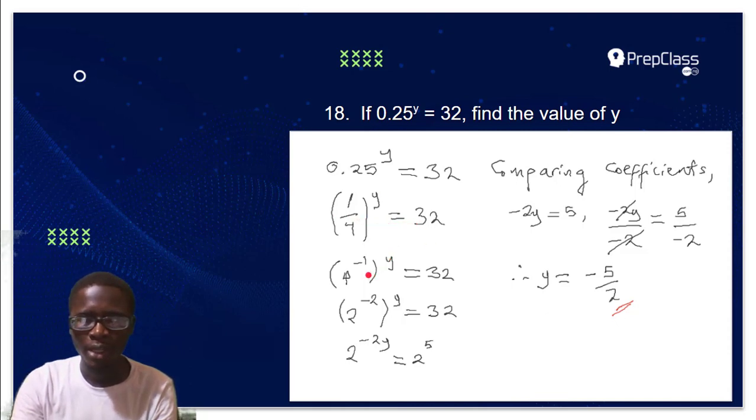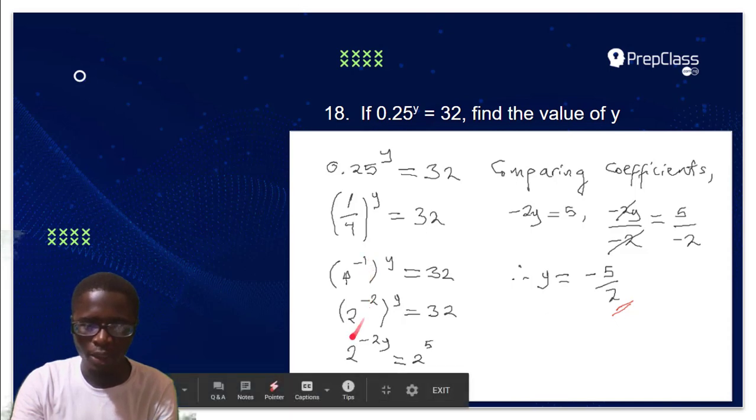And you will discover that 1 over 4 is 2 raised to the power of minus 2, and the right hand side will have a power of 5 if we use the base of 2 here too, because 2 raised to the power 5 is 32.